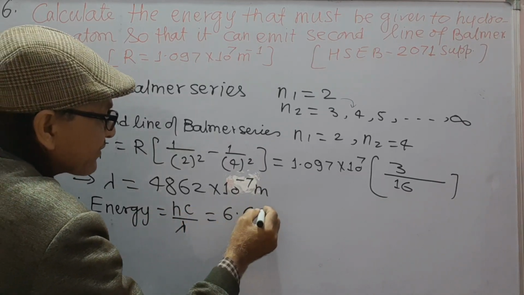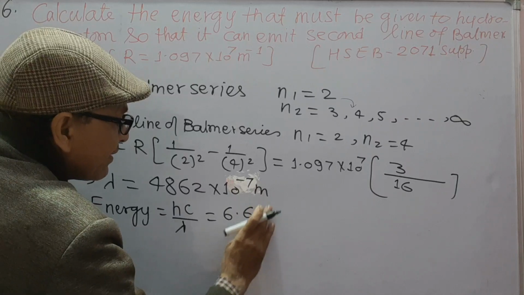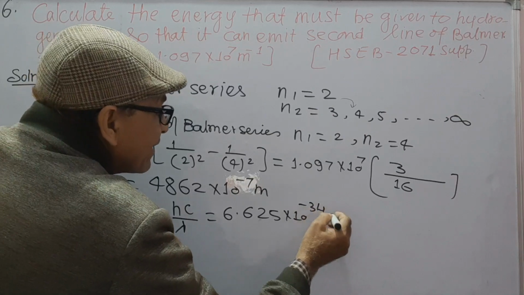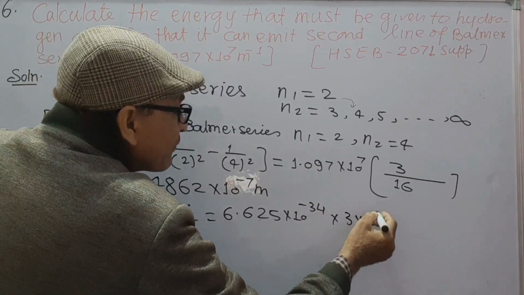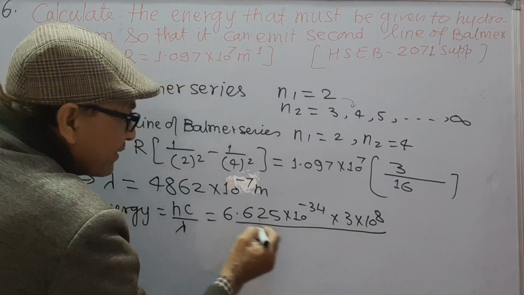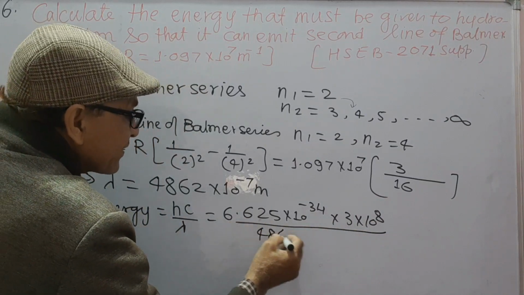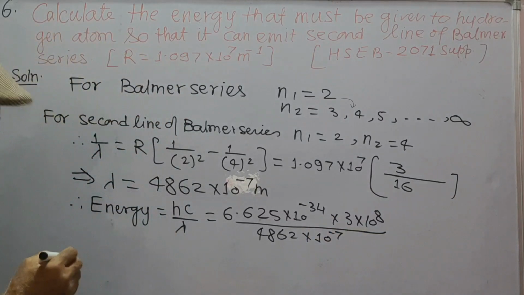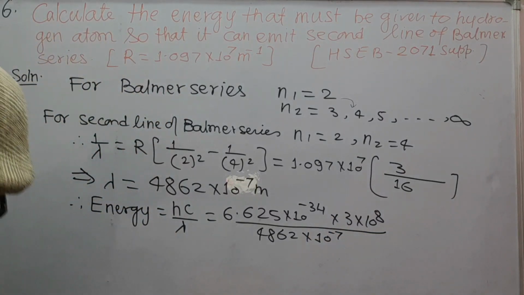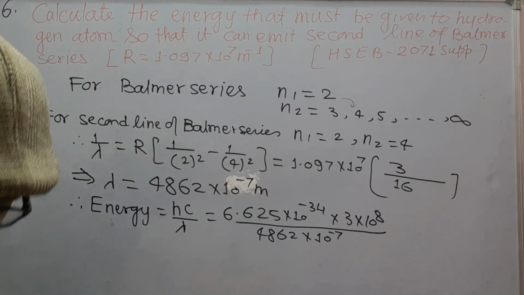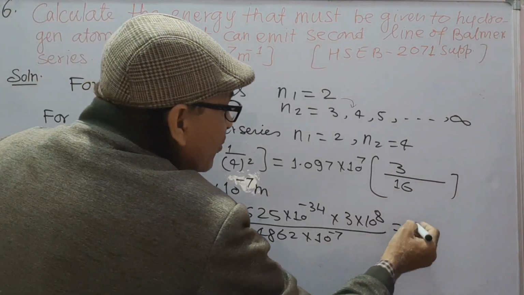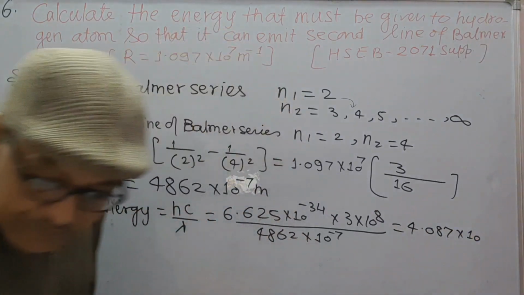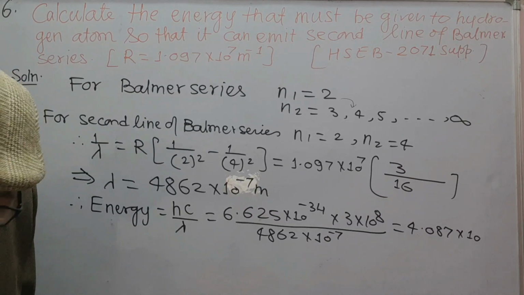H is 6.625 into 10 to minus 34, C is 3 into 10 to power 8, upon lambda, 4862 into 10 to minus 7, which comes to be 4.087 into 10 to minus 22 joules.